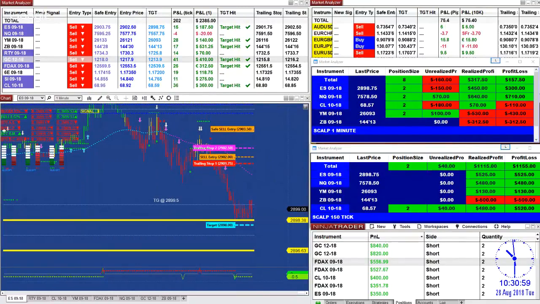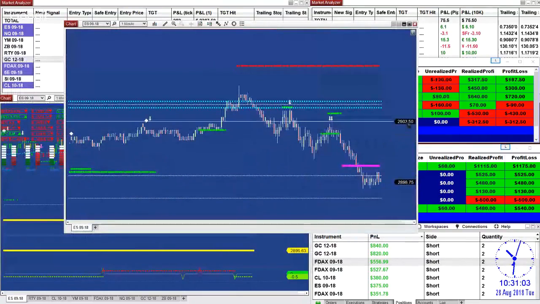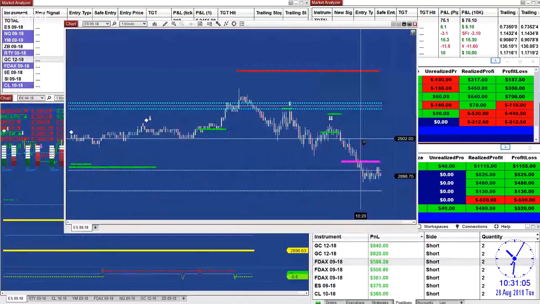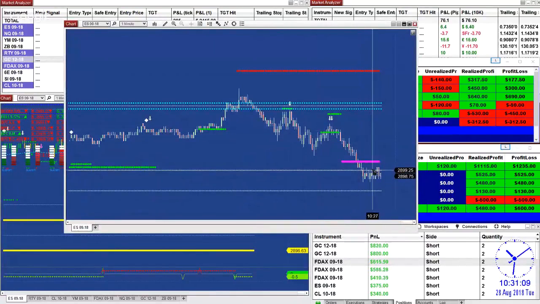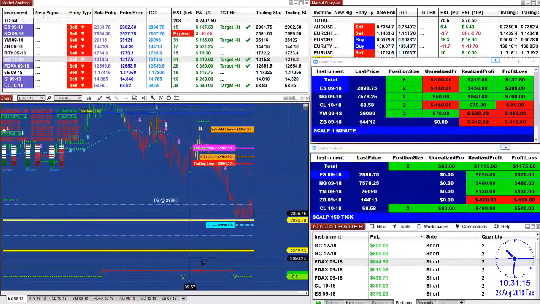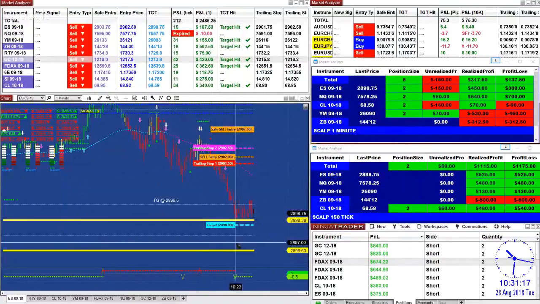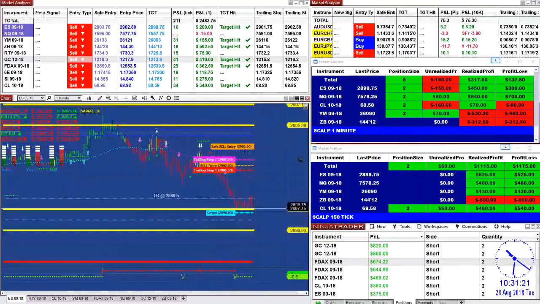Sorry, guys, on the ES, nothing but trouble. At the moment, the ES, nothing but trouble. On the ES, we have an entry point, but it's not going to go anywhere. If we look in detail, those two yellow lines here are on both directions.